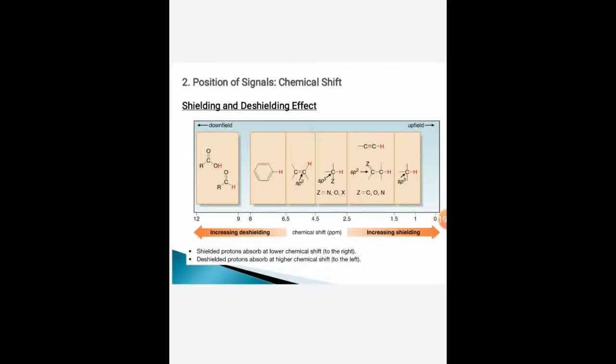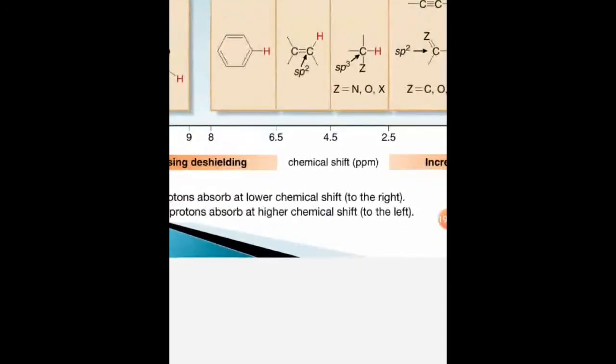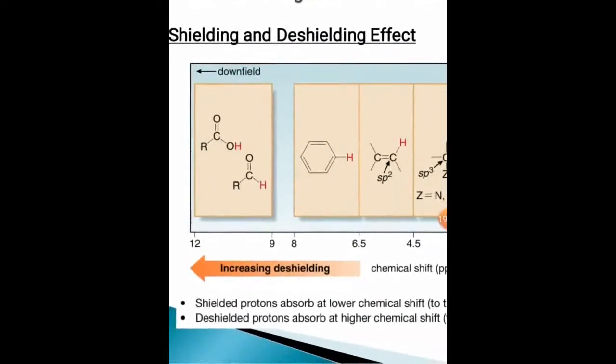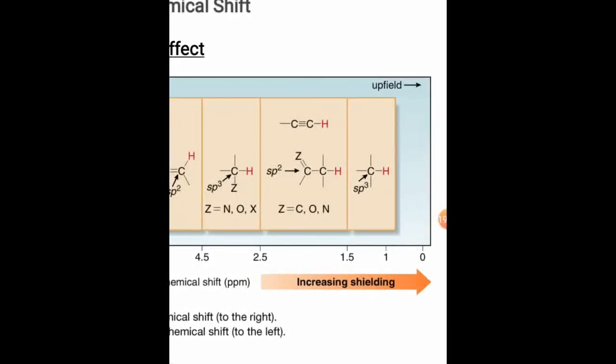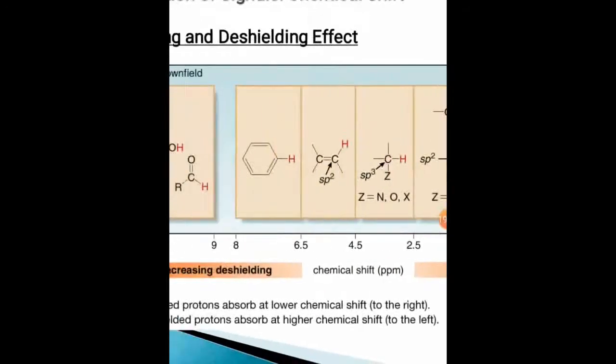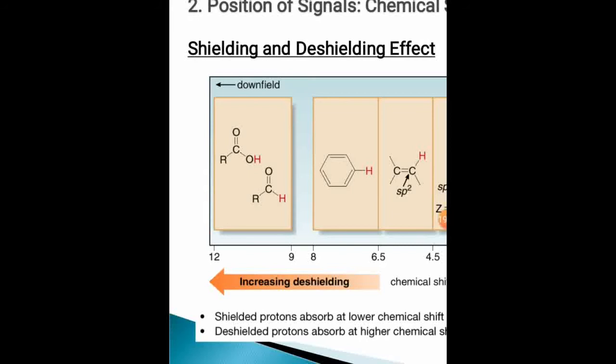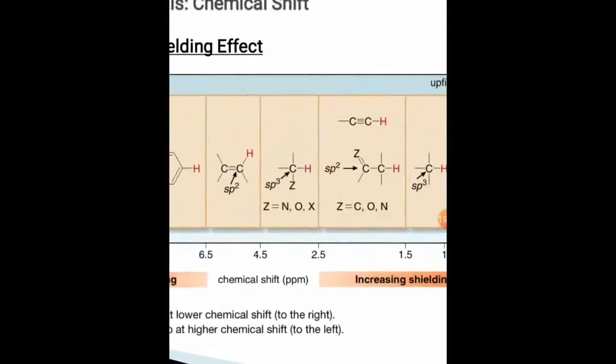The position of signals, or chemical shift value. As we move from 0 to 12, the de-shielding effect increases, and as we move from 12 to 0, the shielding effect increases.